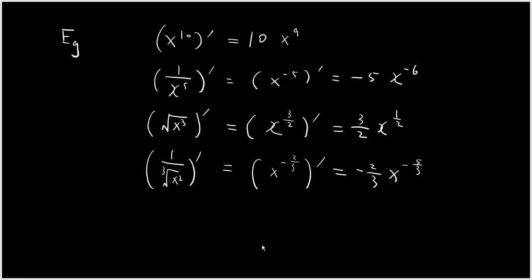Now we are going to learn how to differentiate the sum of two functions, the difference between two functions, the product of two functions, the quotient of two functions and so on.